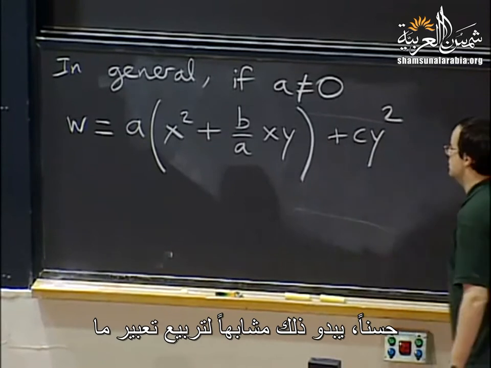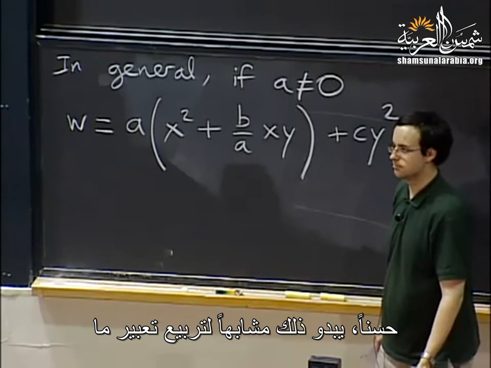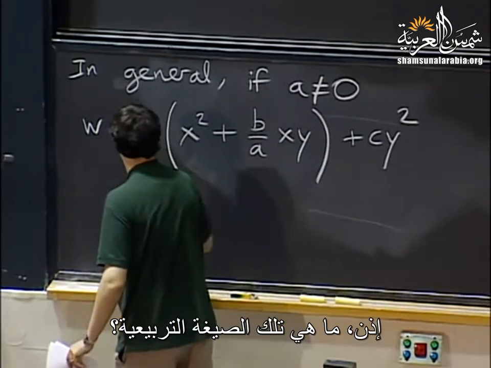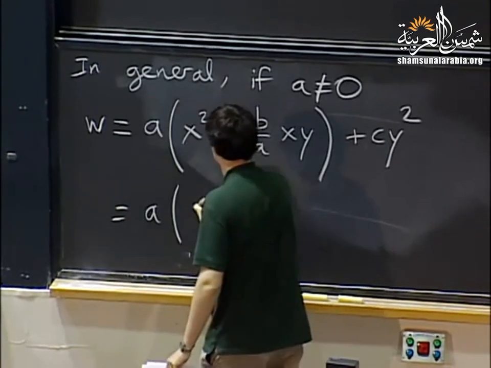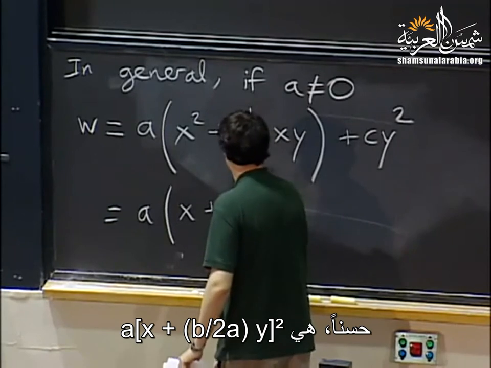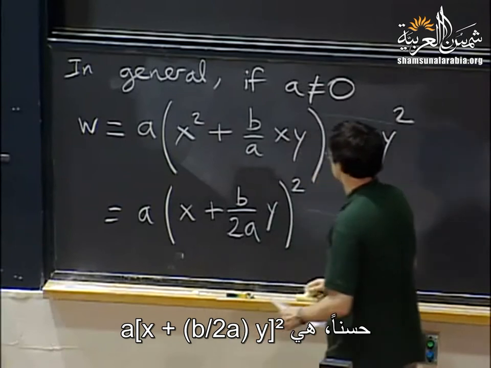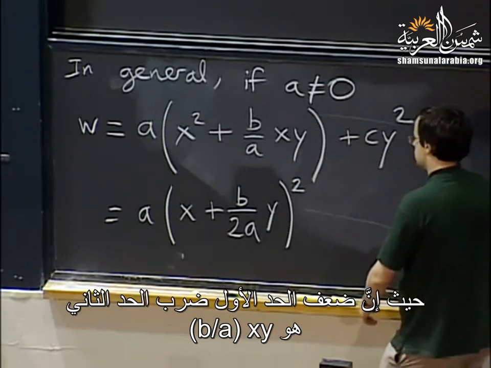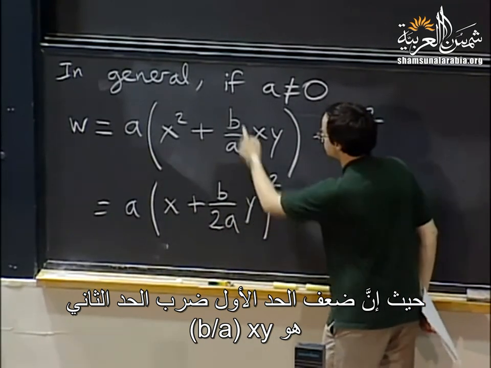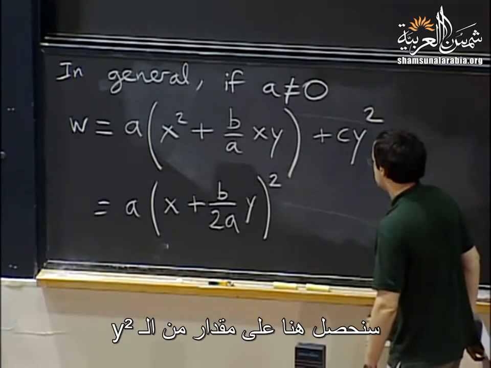And now this looks like the beginning of the square of something, just like what we did over there. So what is it the square of? Well, you'd start with x plus, I claim, b over 2a times y, and I square. The cross term, 2 times x times b over 2a y, will become b over a xy.